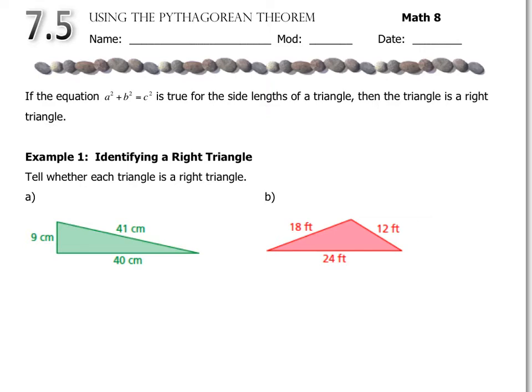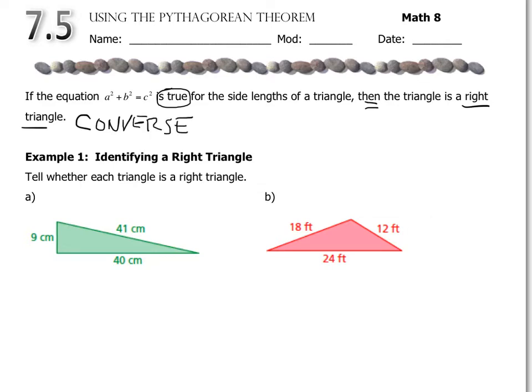So this first sentence up top: if the equation a squared plus b squared equals c squared is true for the side lengths of a right triangle, then we know that that is a right triangle. This is called the converse of the Pythagorean theorem.